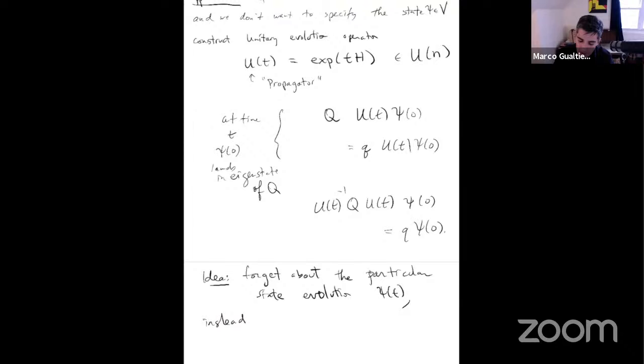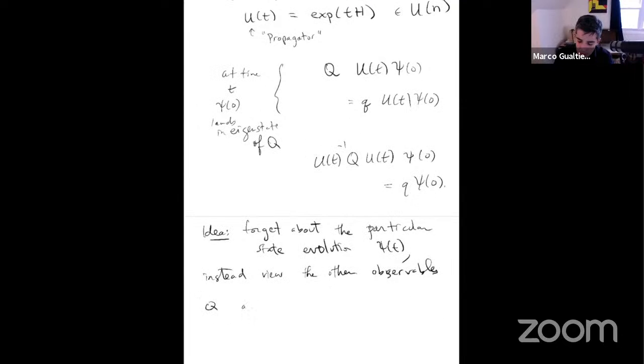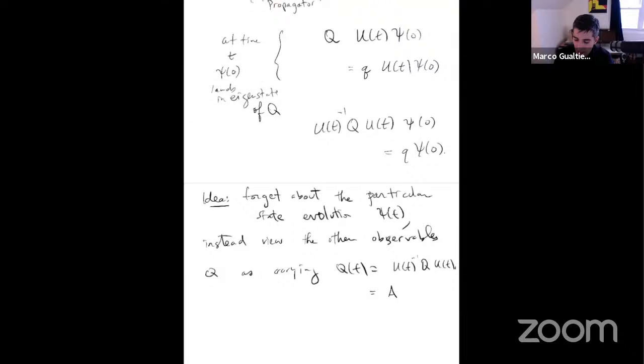Instead, view the operators, the other observables, Q, as varying, so that Q of t is like U of t inverse Q U of t. Or in other words, it's big Ad of U of t applied to Q. I'll put the inverse on the other side, just because of the way I set it up.